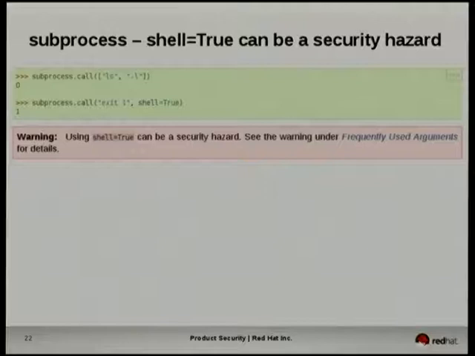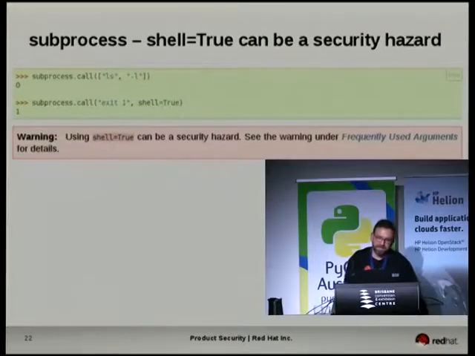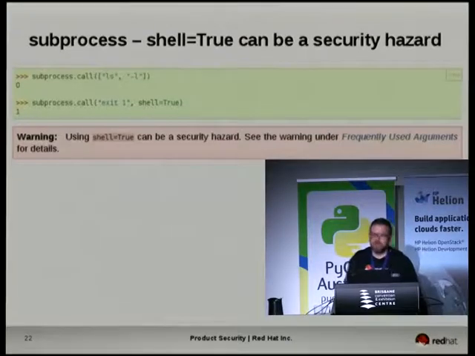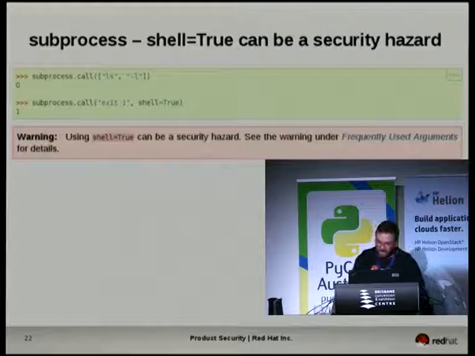Next one is my favourite. OpenStack has to shell out occasionally, and the majority of the time you don't need to supply shell equals true when you're shelling out. You especially shouldn't be doing that when you're not validating user input from an external source, because that's a security issue.